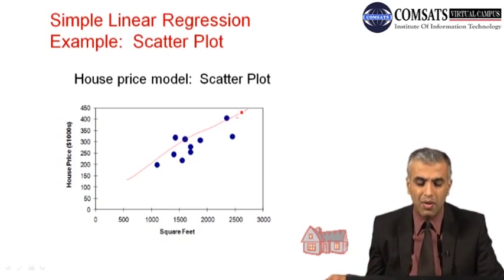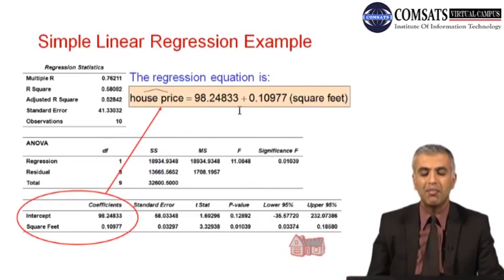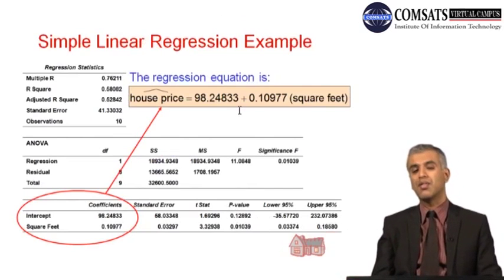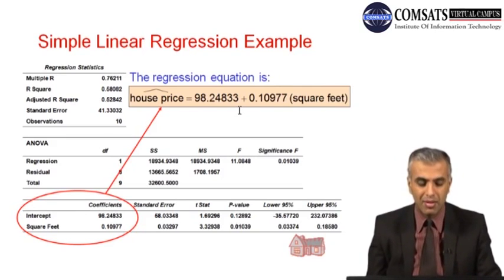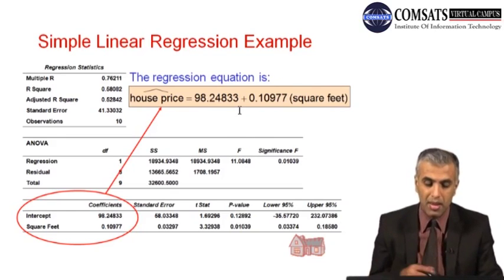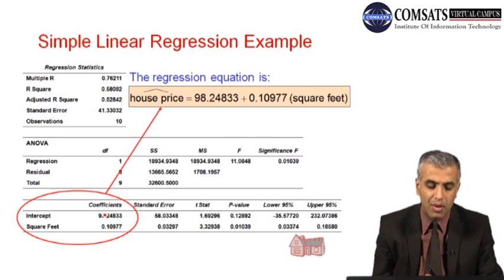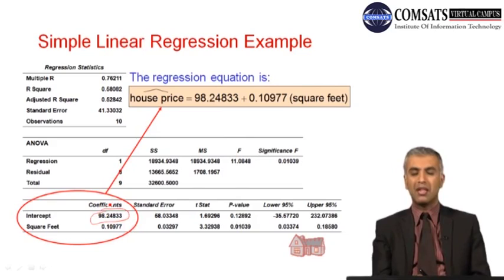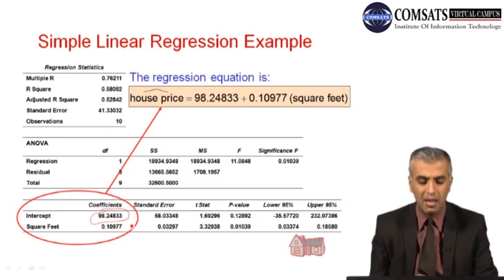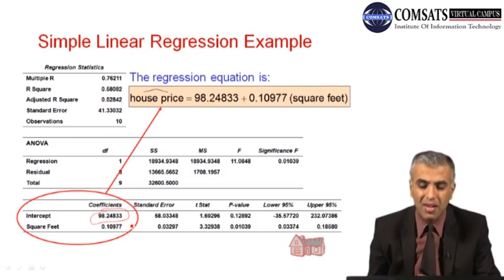So once we have gone through that, then we are shown the result of a simple linear regression. And here you can see we are given some coefficients of the model, and in this case one coefficient is the intercept, which is 98.24. The coefficient of square feet being shown is 0.10977.